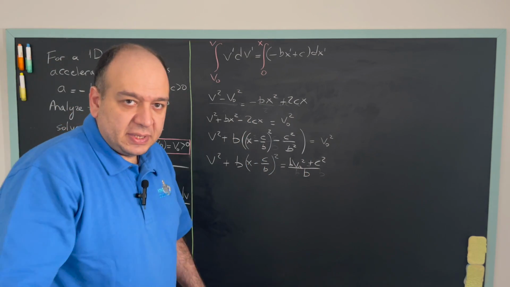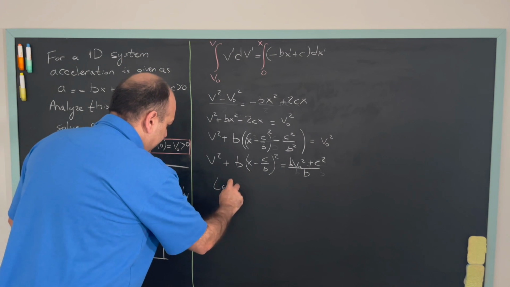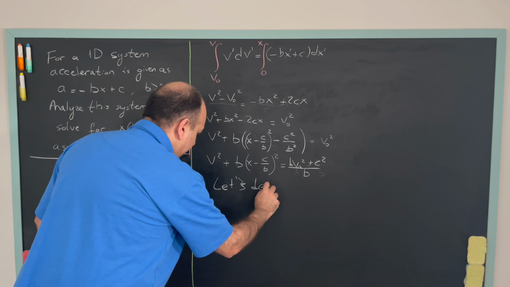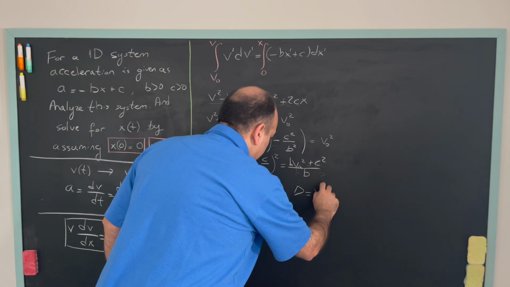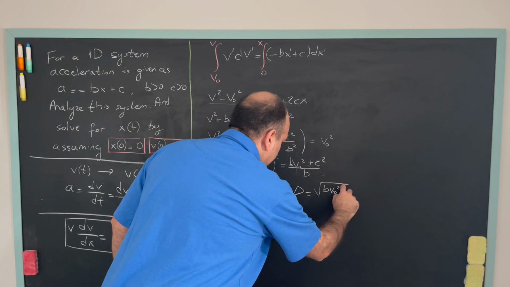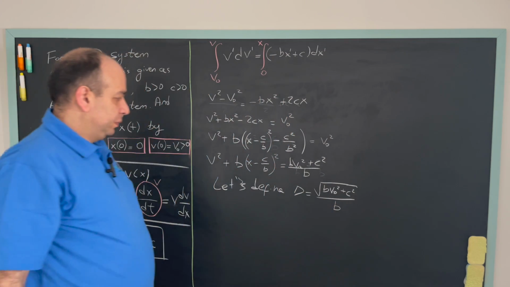So for simplicity, let's define another parameter. So let's define delta is equal to square root of b v naught square plus c square over b.